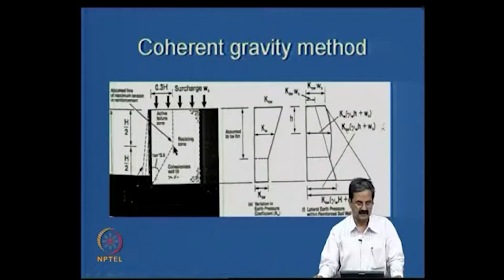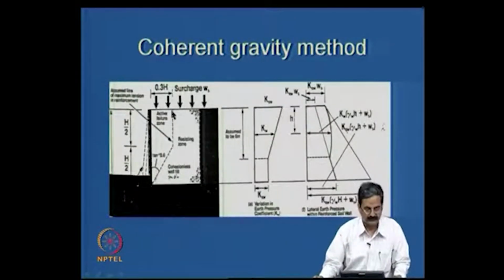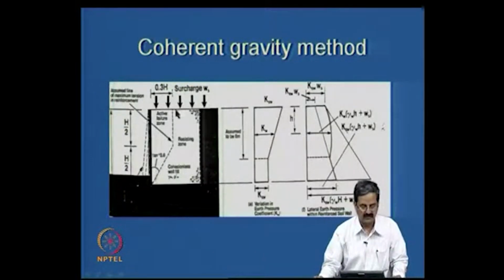So you construct this particular line, and based on their observations, for an h by 2 distance it is about tan inverse 0.6, and for another h by 2, the height of that, it will be a straight line, and this particular distance is 0.3 h. This is the line of maximum tension in the reinforcement.